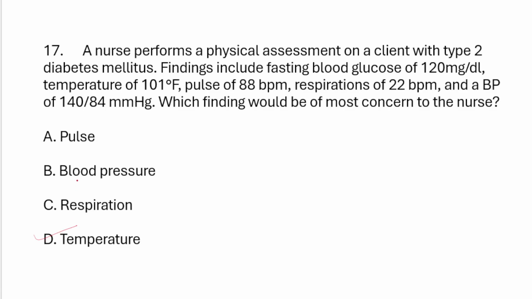D, temperature. Blood glucose of 120 is near normal, pulse is 88, normal, respiration also normal, BP near normal. The temperature is high at 101 degrees Fahrenheit, so as a nurse we have to take care of the hyperthermia and give priority to reducing the temperature.